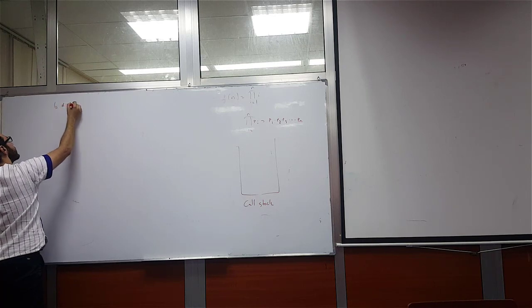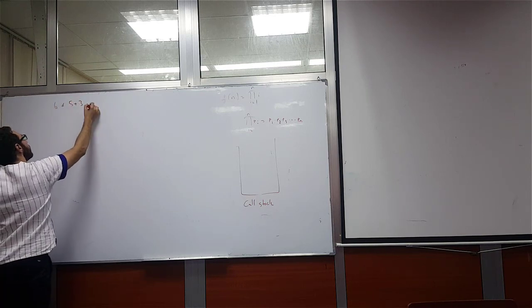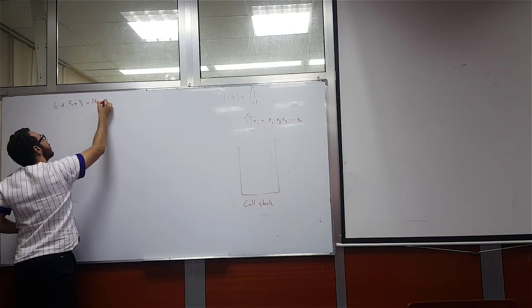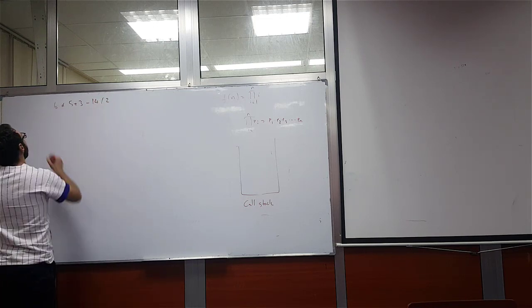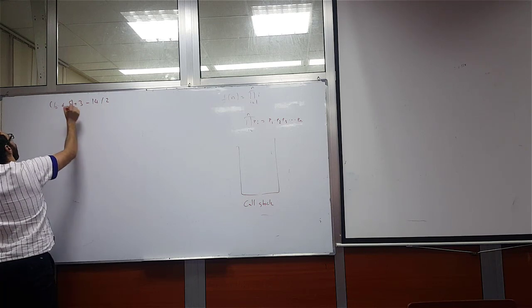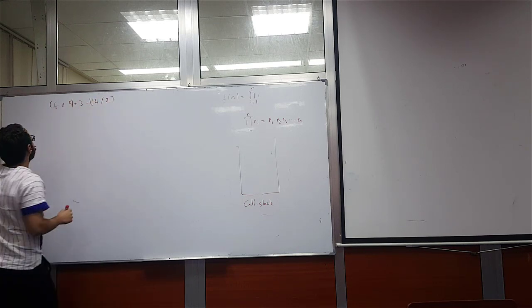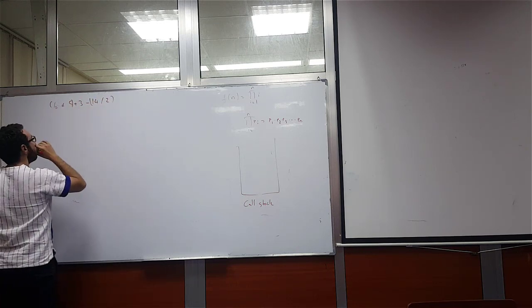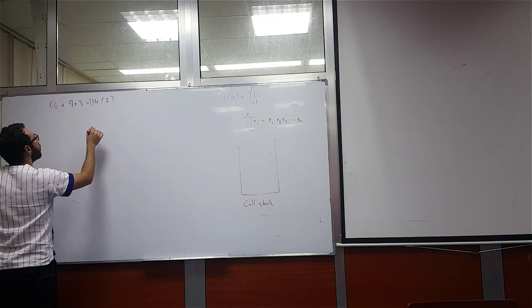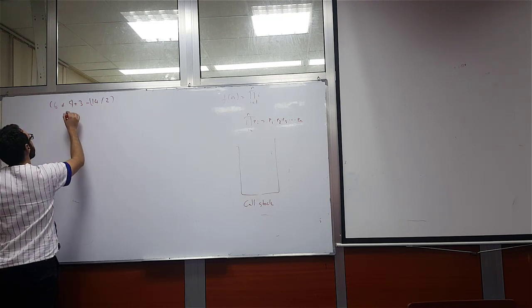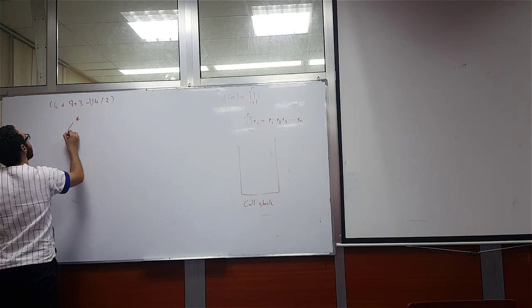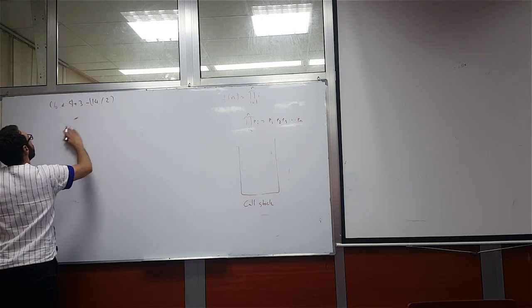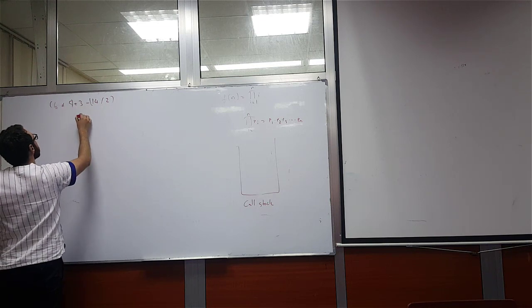Let's say we have 6 times 5 plus 3 minus 14 over 2. I'm just going to put parentheses for being clear on precedence. First we are going to start with plus.